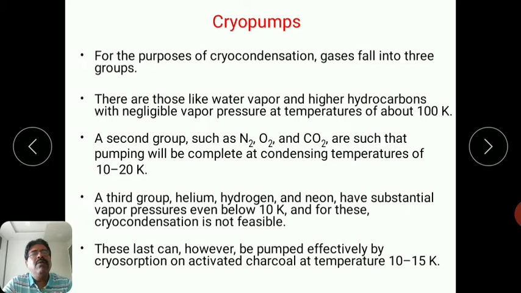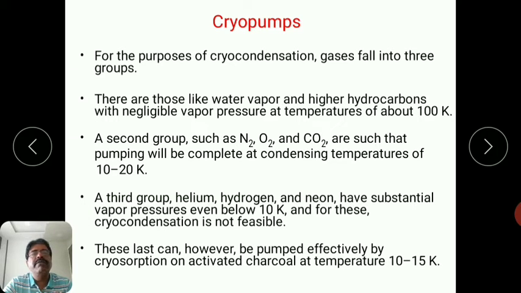So cryocondensation is not feasible, then what is the solution? These, however, can be pumped effectively by cryosorption on activated charcoal at temperatures of about 10 to 15 degrees Kelvin. Another molecular sieve or certain kind of material that you can use is activated charcoal, kept at 10 to 15 degrees Kelvin.